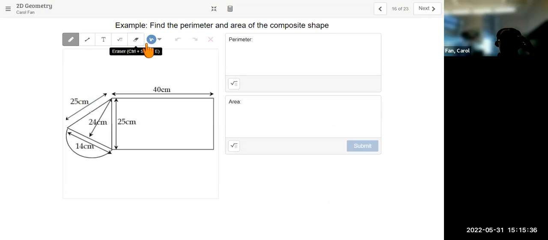We need to find the perimeter and area of the composite shape. So composite, because we've got more than one shape, we're going to separate it and then we're going to add it all up. So for the perimeter, we're just looking for the outside.